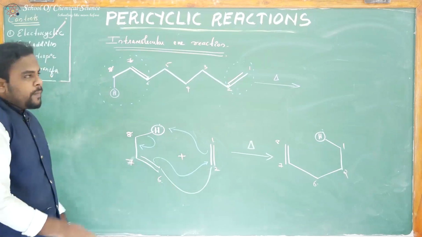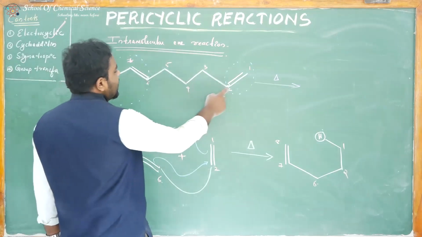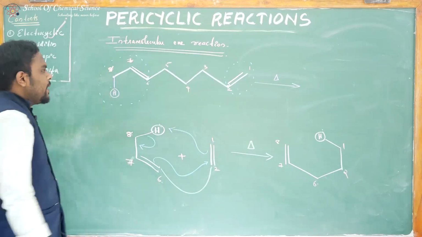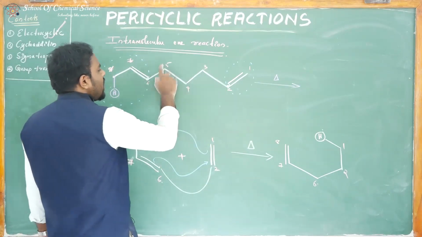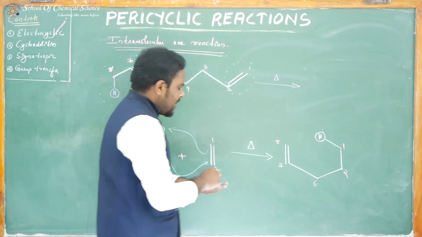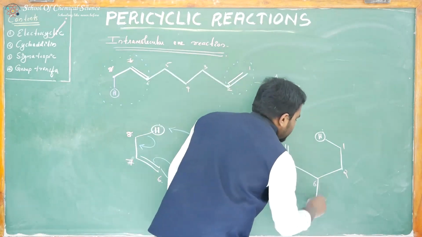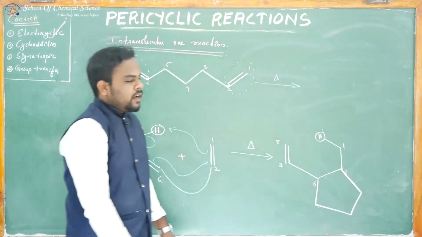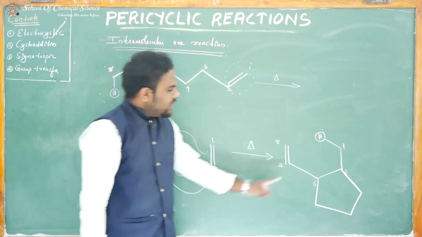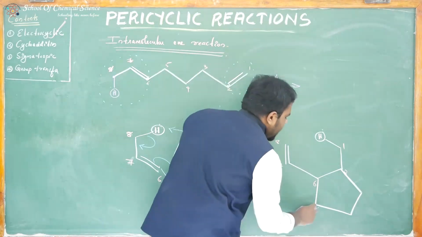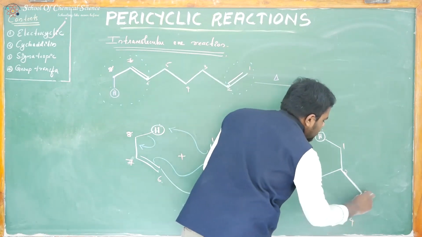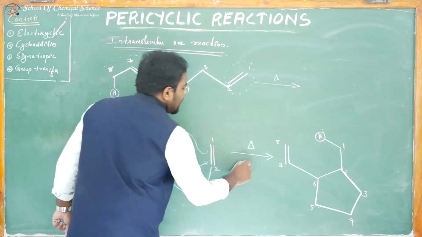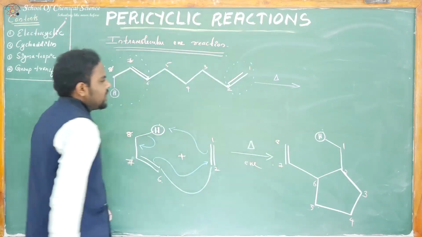Between 6 and 2, 1, 2, 3 carbons are there, as in the reactant. That can be represented like this, and that will be your final product. This is 5, 4, 3, 2, 1. After the ene reaction, that will be your product.